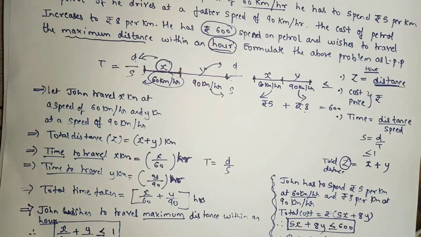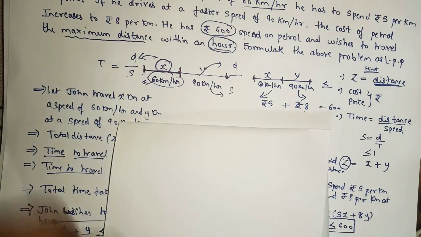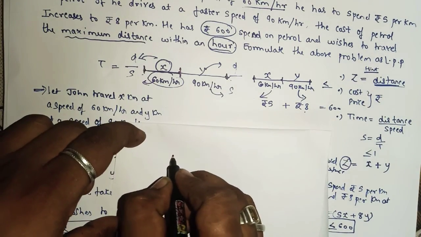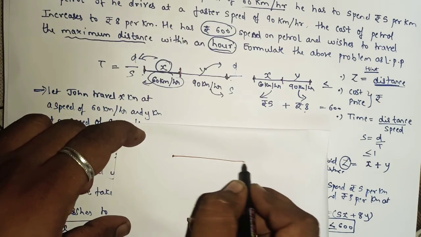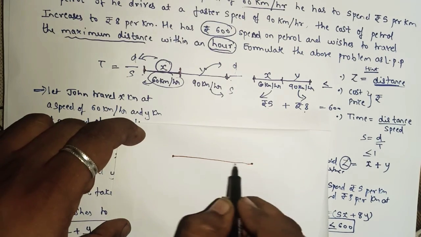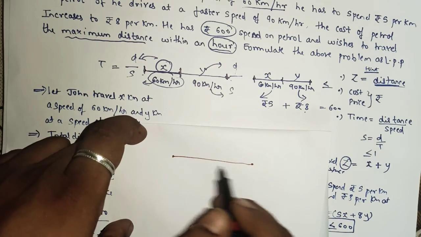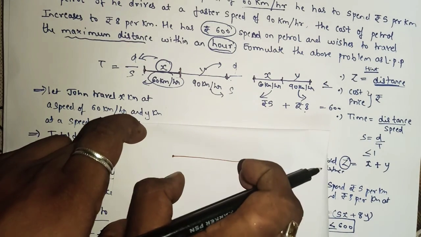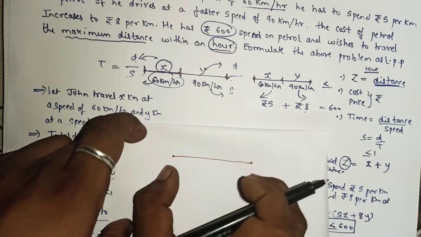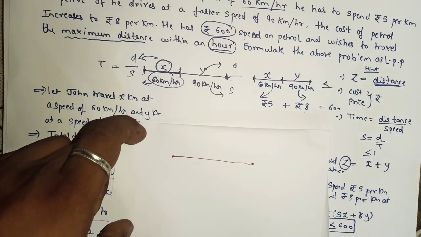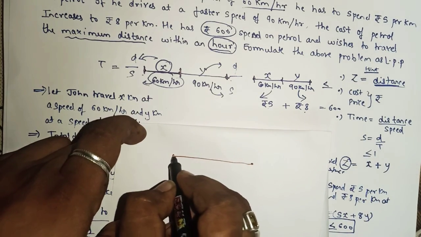Focus here. Remember, he started his journey from here to here, so he has to cover a certain distance. That distance we don't know, how much distance he had to cover within an hour. 40 kilometer, 60 kilometer, 90 kilometer, 100 kilometer. One thing we know, that he started his journey from this point.